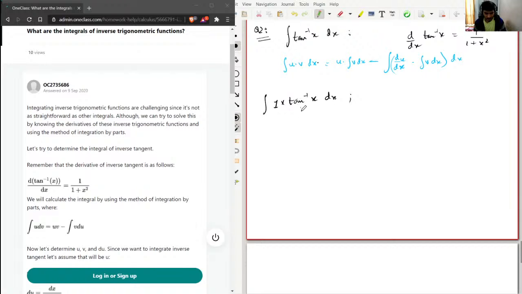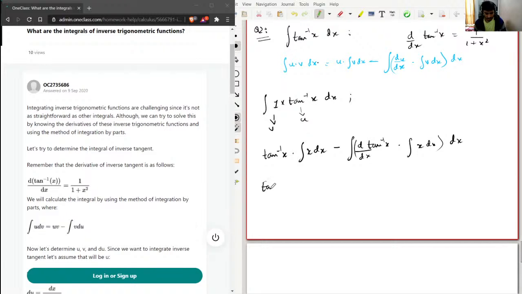So if this is u and this is v, then according to this formula I can say that tangent inverse of x times integral of x dx minus integral of the derivative of tangent inverse of x times integral of x dx, and this whole will be in integration.